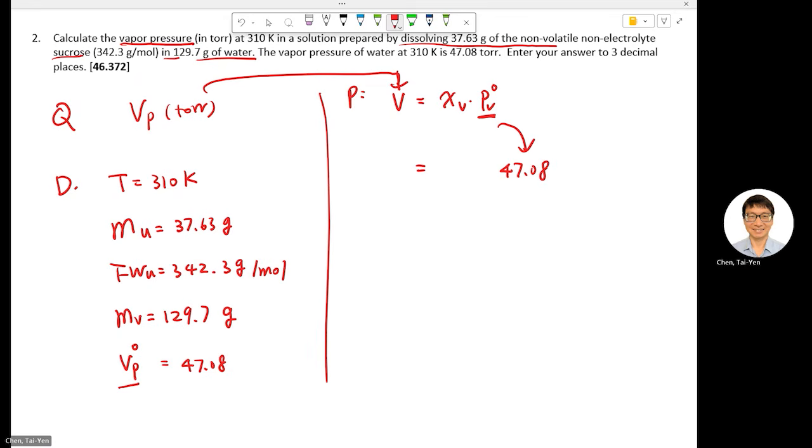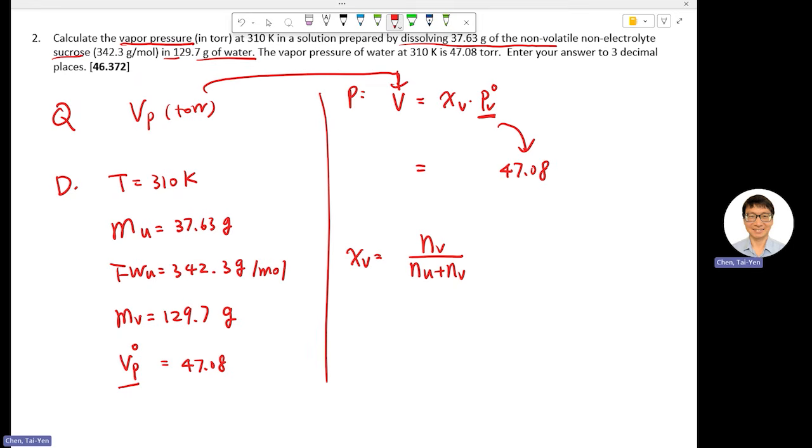Then you calculate the mole fraction of your solvent. How do you calculate the mole fraction? The mole fraction of your solvent will be the moles of your solvent divided by the total moles, the moles of your solute plus the moles of your solvent.